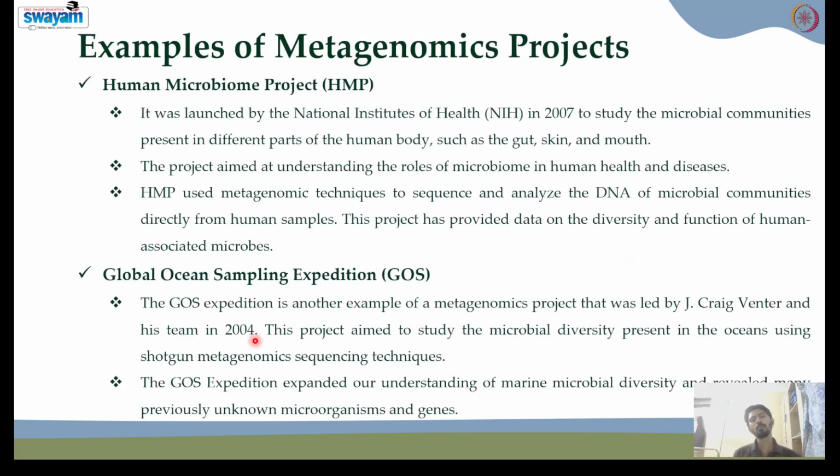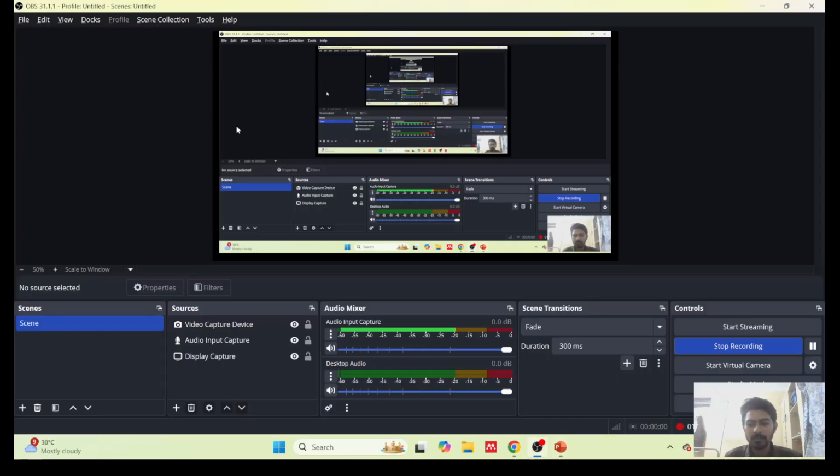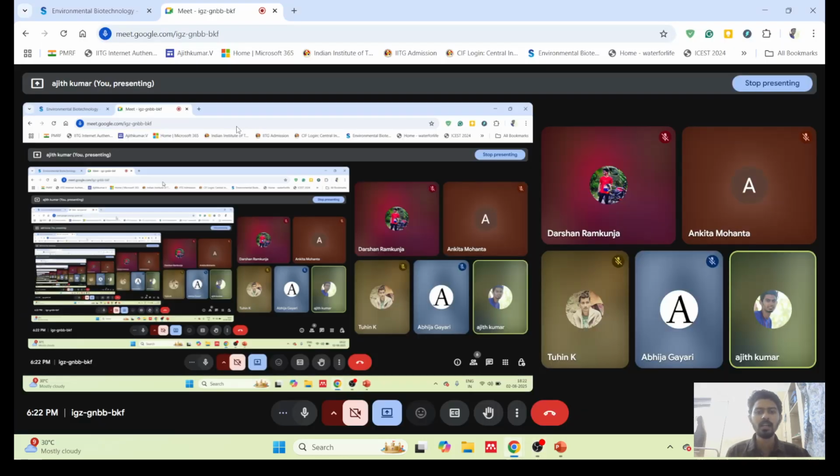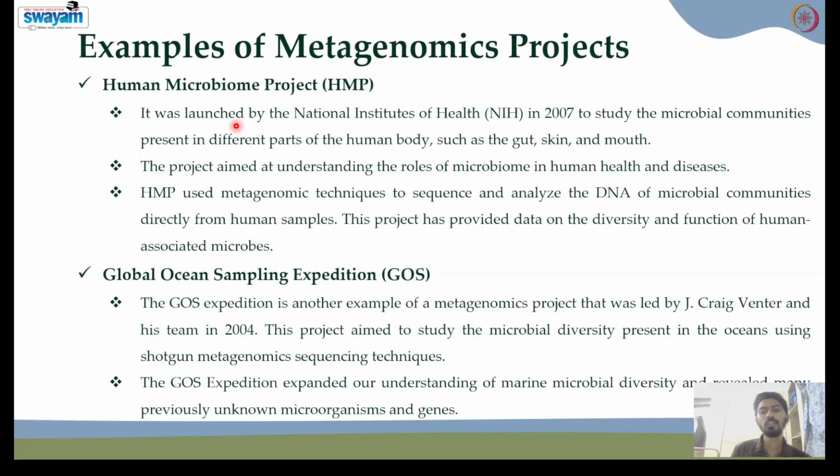So these are all the important concepts in metagenomics. And if you see some well-known examples of metagenomic projects, the first one is the Human Microbiome Project, which was launched by the National Institute of Health in 2007, and the main aim of this project is to study the microbial community that is present, especially in the human body.